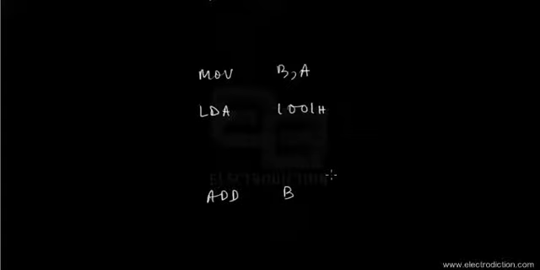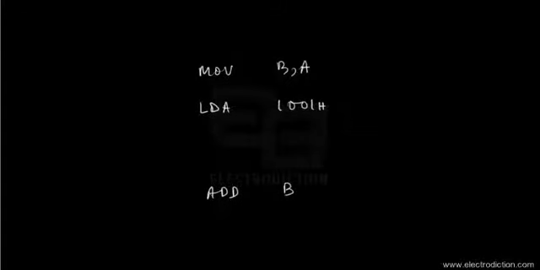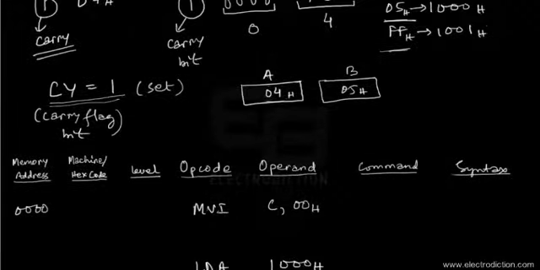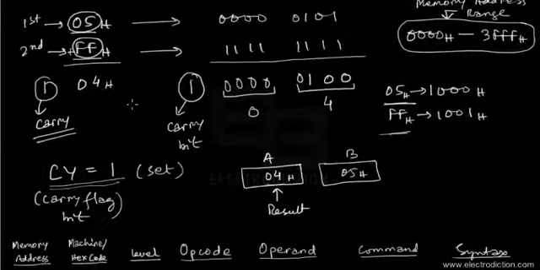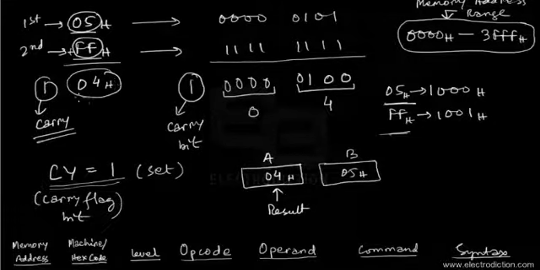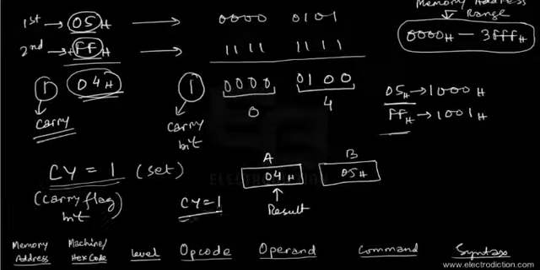After the addition is over, register A will have the result. There you go, 04H stored in it. This is the result of the addition process that we exhibited right over here. So register A stores it, and also the carry flag is set right now.